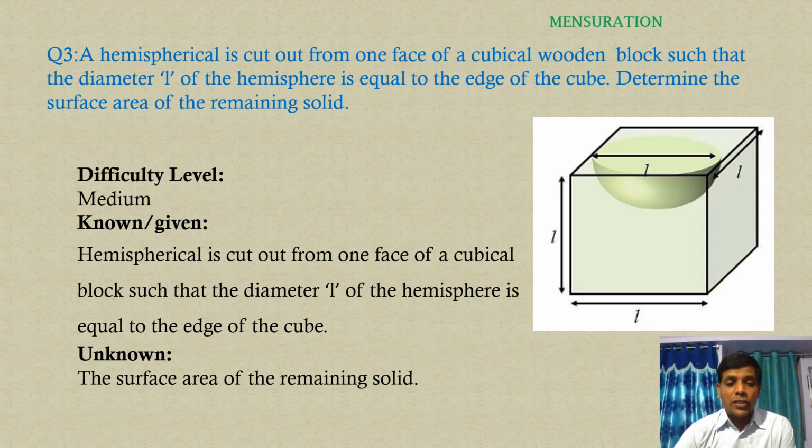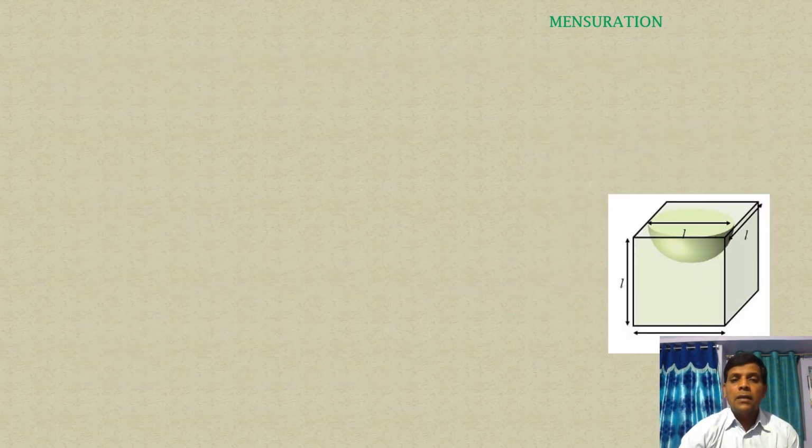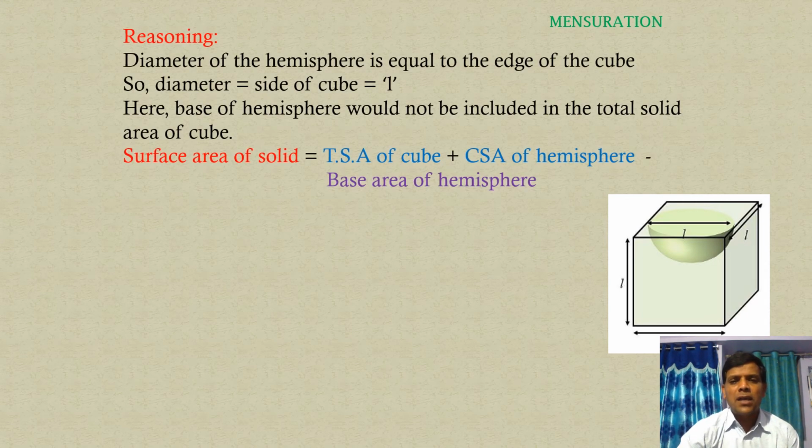Now we are going to the reasoning. Reasoning means which formula is suitable and how to apply the formula. So the reasoning part means how to find the surface area of the given solid, or which formula is applicable.